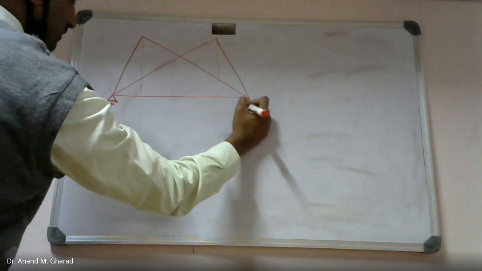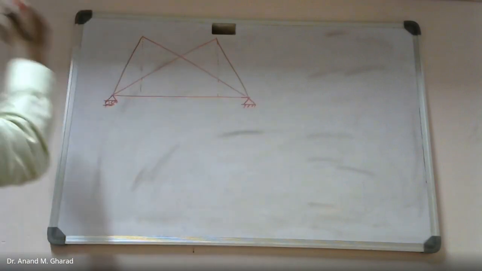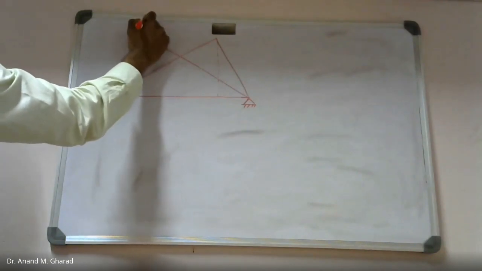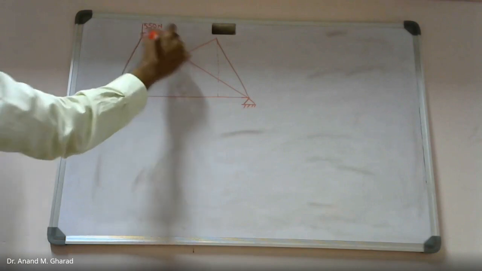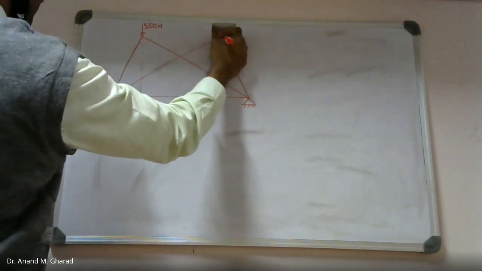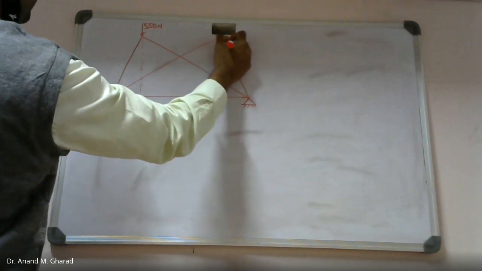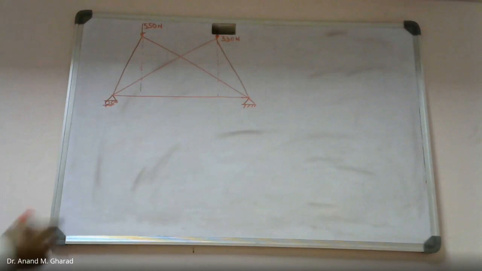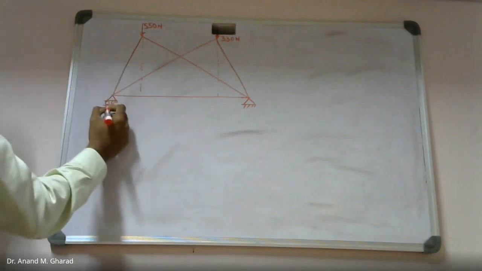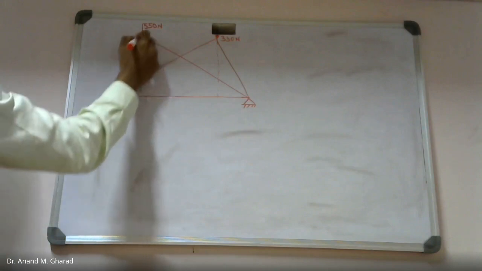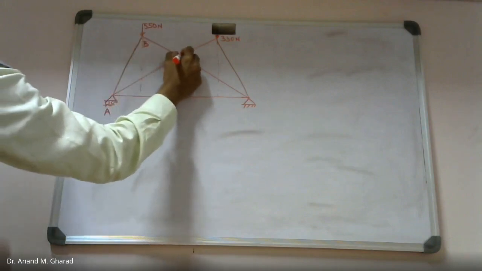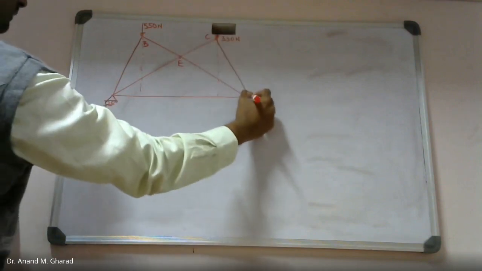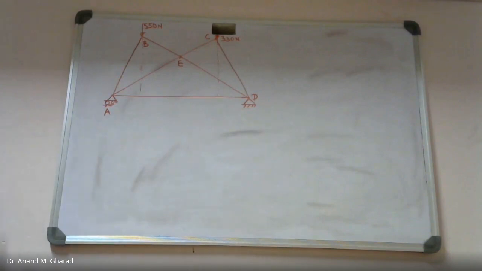This is a hinge. Then there are two loads which are acting at these joints. One is 550 Newton, and over here this is 330 Newton. This is a load. Then A, B, C, D, and E. These are the joints.